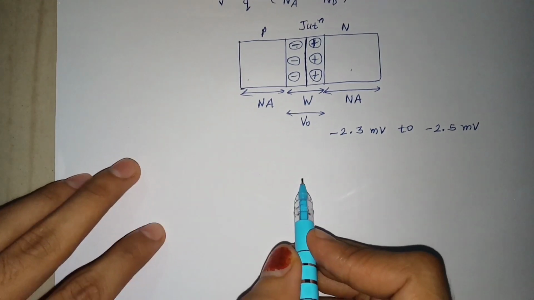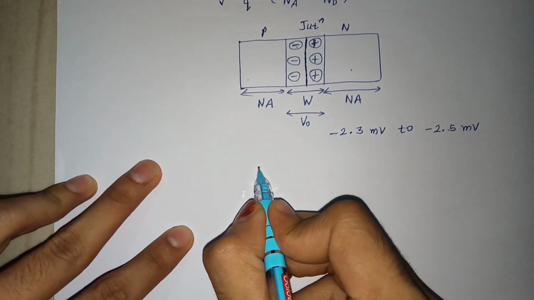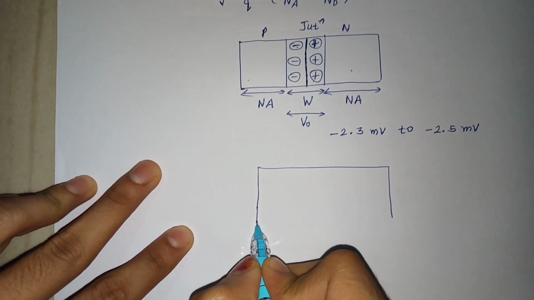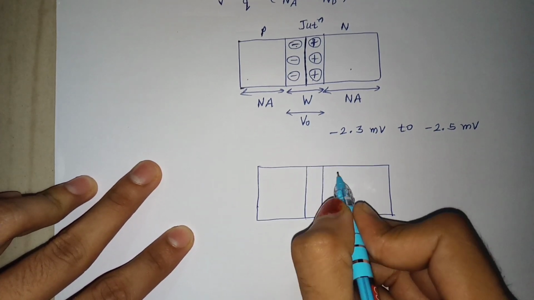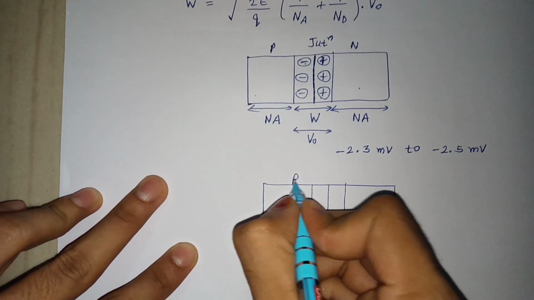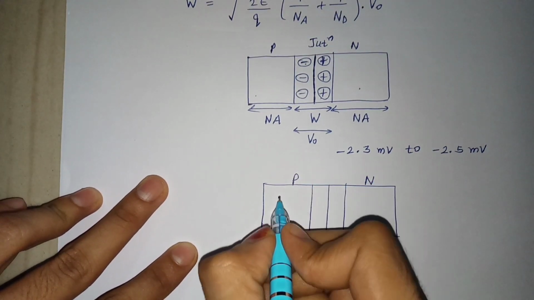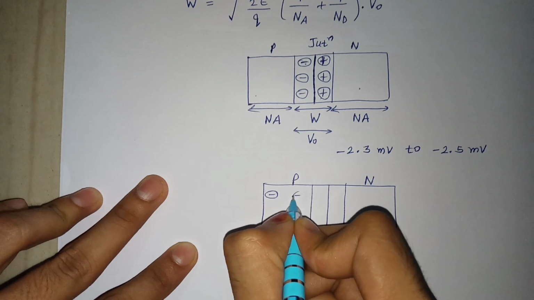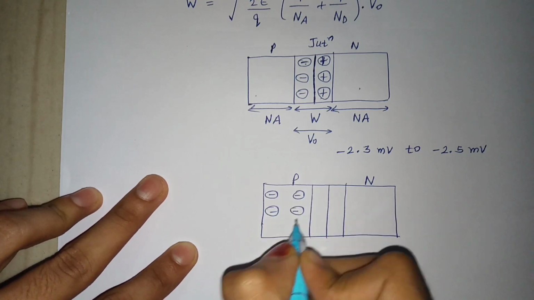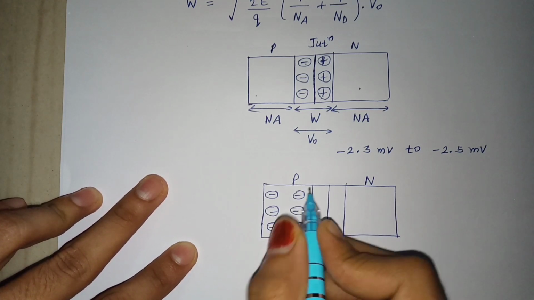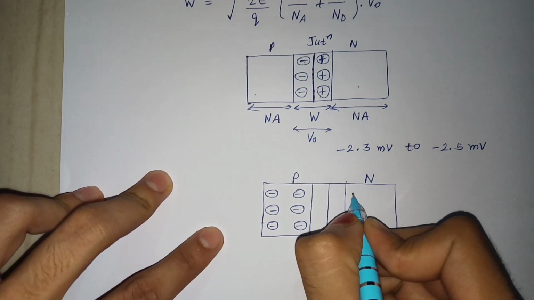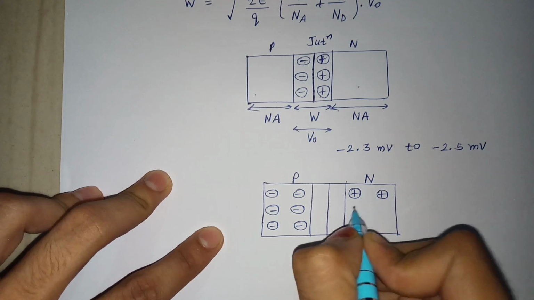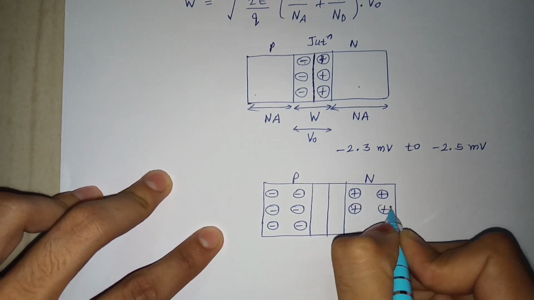Now we supply the PN junction diode, then check what happens with the depletion width, contact potential and other parameters. This is p-type. The minority charge carrier of p-type is electron, and the minority charge carrier of n-type is holes.